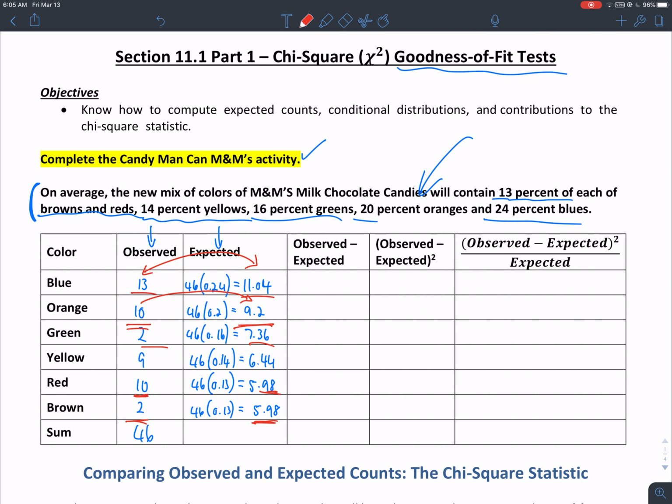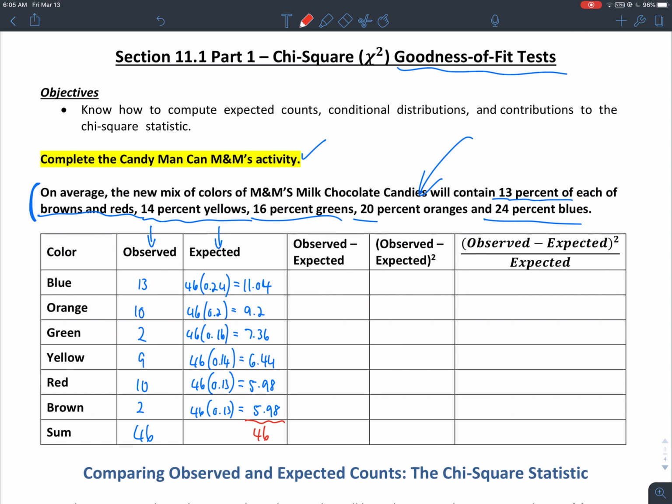So you can see some quick relationships there. And if you calculated your expected values correctly, then what you should get is 46 if you total all of those numbers up.